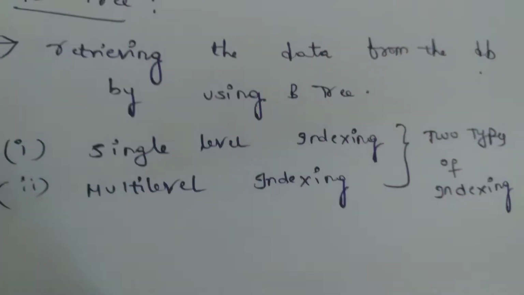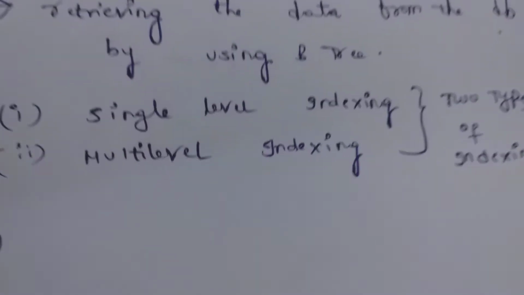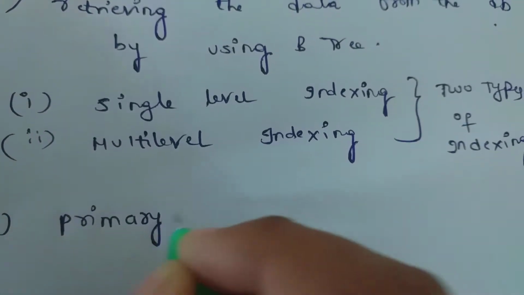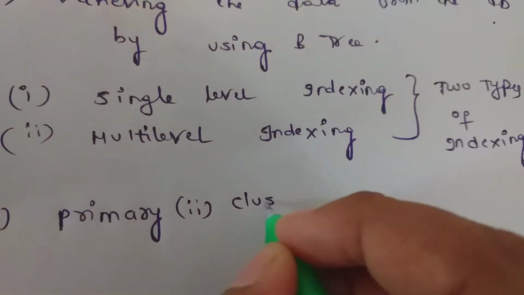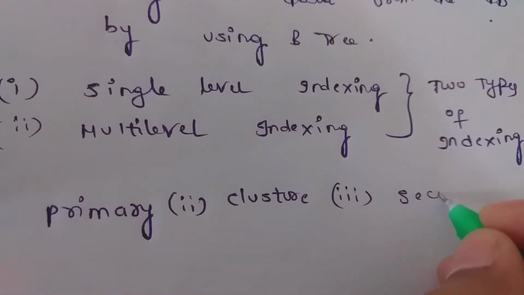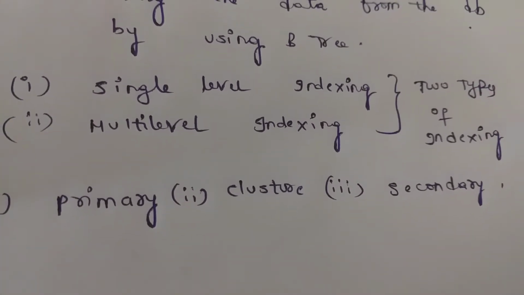In single level indexing, we have three types. First one, primary. Second one, clustering. Third one, secondary. We already discussed these in the previous class.